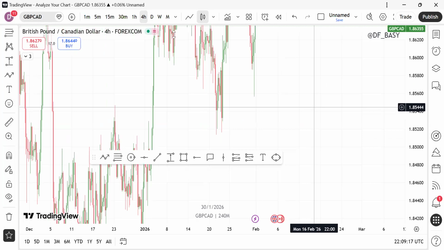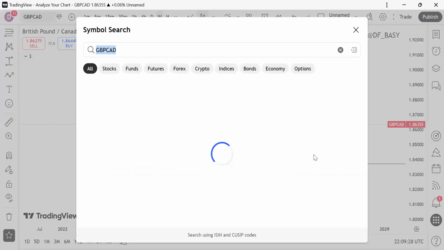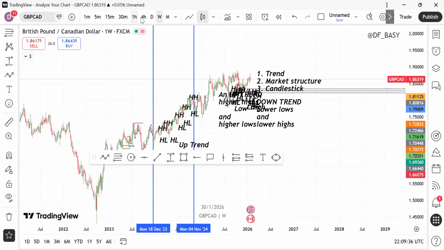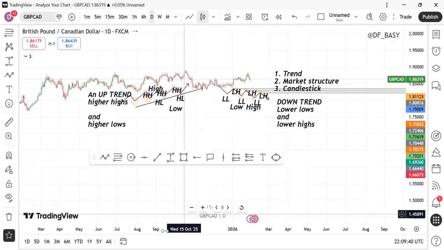Which chart? Okay, it was GBP CAD, but it was, I think, FXCM. Okay, so we are back. So now back to where we were.